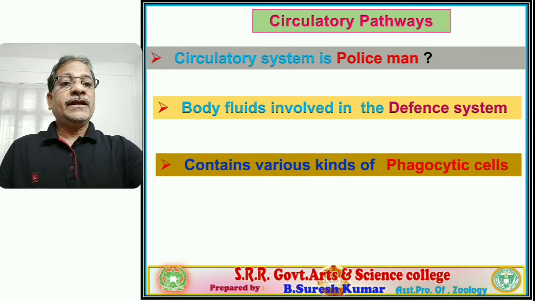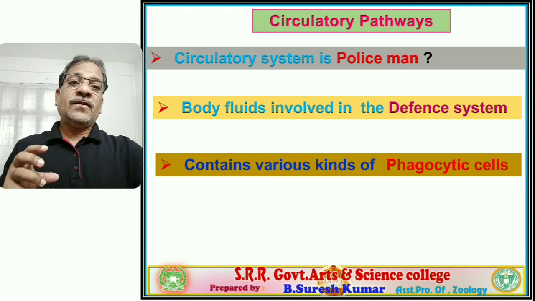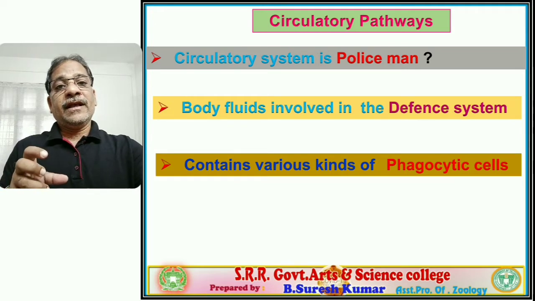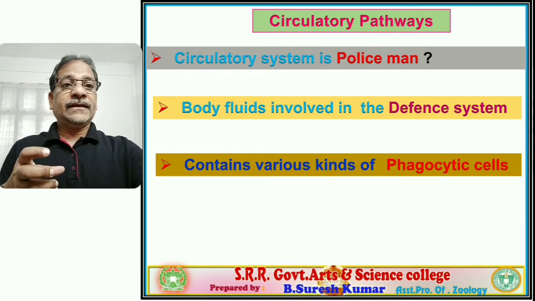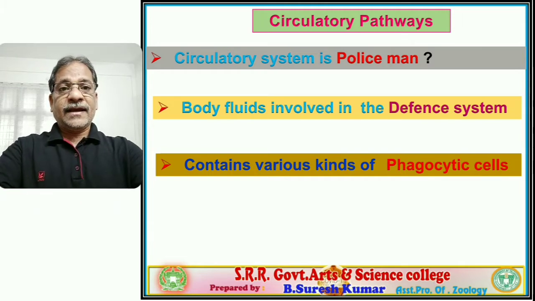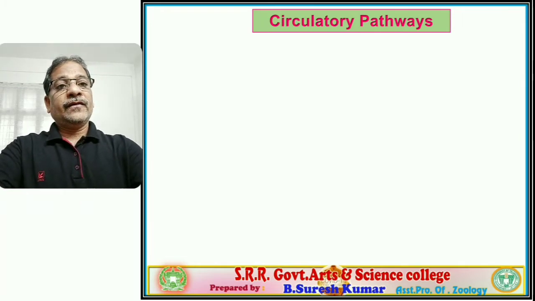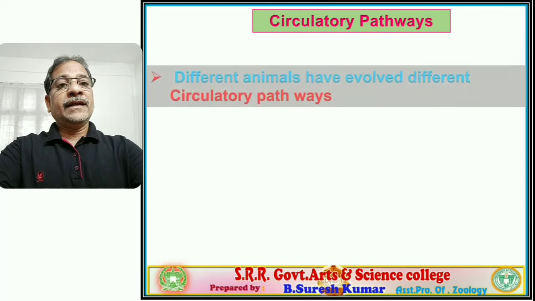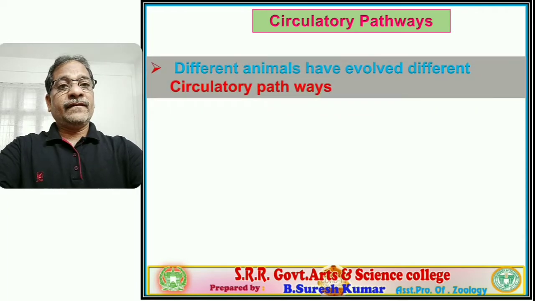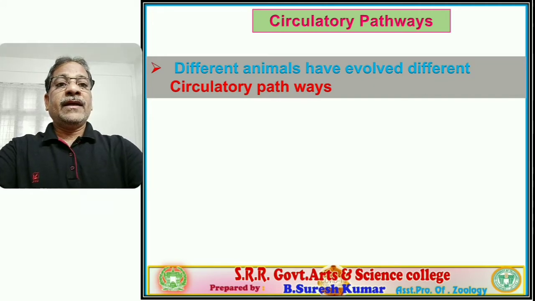So the body fluid is also involved in the defense system, hence it is considered a policeman. Followed. So the names of the circulatory system we have completed: third integrating system, postman cum policeman.